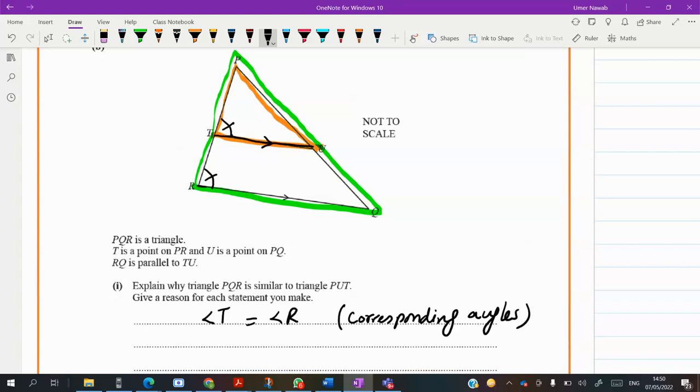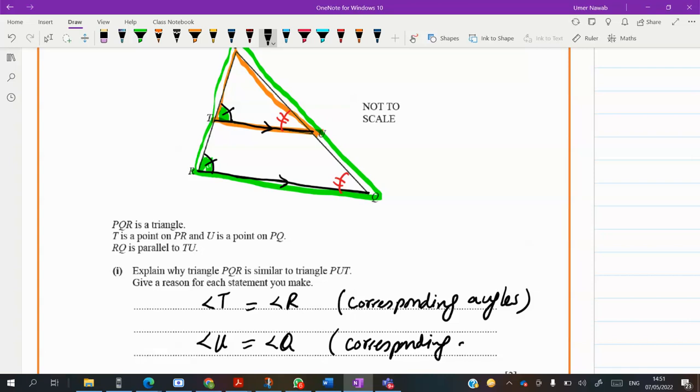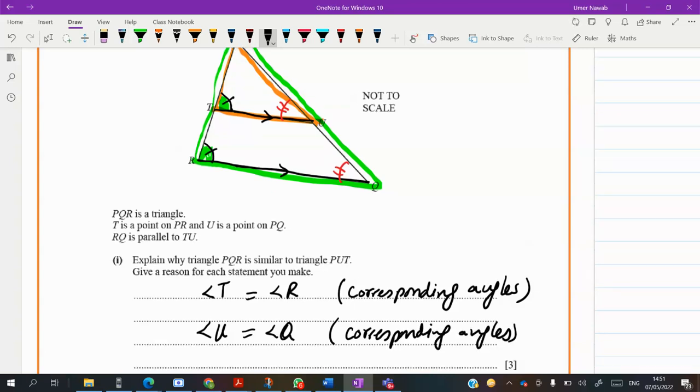Whenever you have two parallel lines and they are cut by a transversal, we always get what you call corresponding angles. Do we have another corresponding angle? The answer is yes. This angle U is the same as angle Q. The reason is corresponding angles.